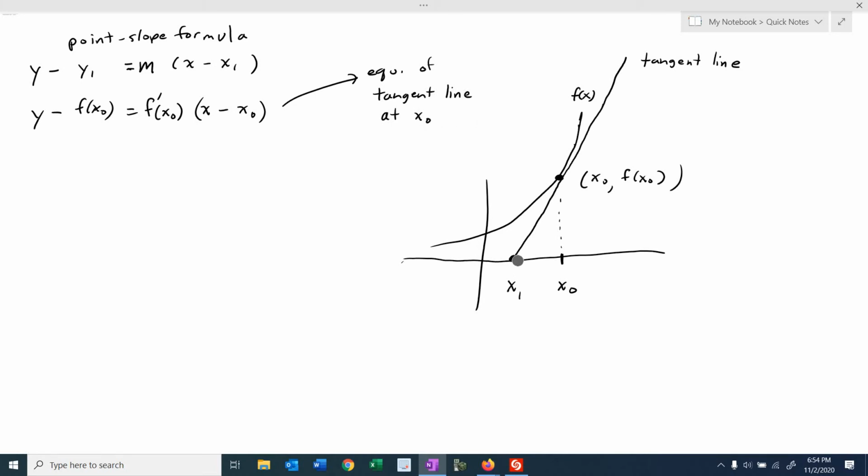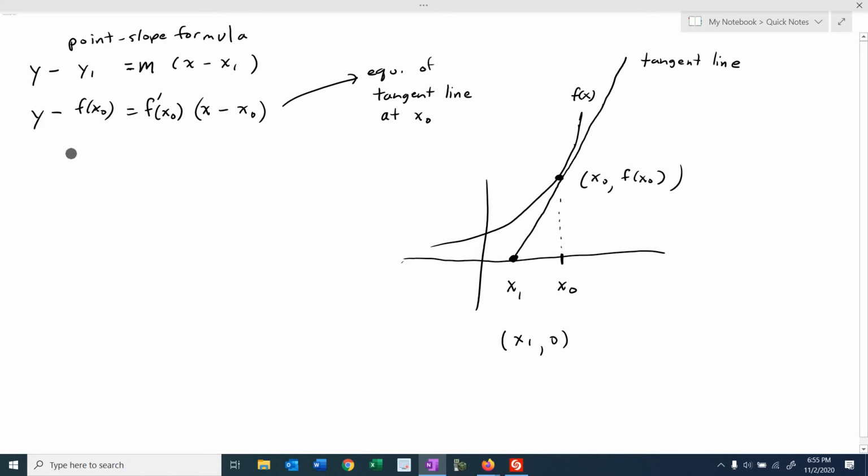Now, we want to know where this tangent line intercepts the x-axis, because that's going to give us x sub 1. Of course, to find that, notice the y value at this point would be 0. So if we plug 0 in for y and then solve for x here, we can find x sub 1.